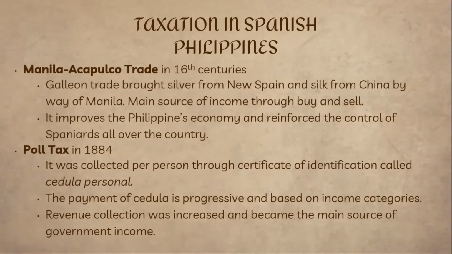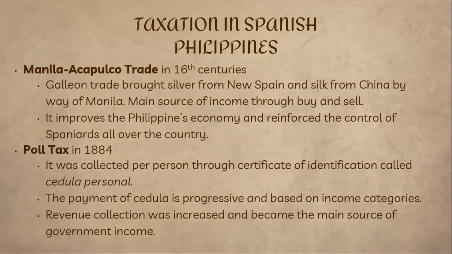The other sailed from Manila to Acapulco with some 250,000 pesos worth of goods, spending 90 days at sea. It also allowed modern liberal ideas to enter the country, eventually inspiring the movement for independence from Spain. This improved the economy of the Philippines and reinforced the control of the Spaniards all over the country.